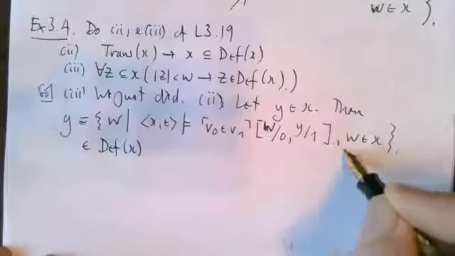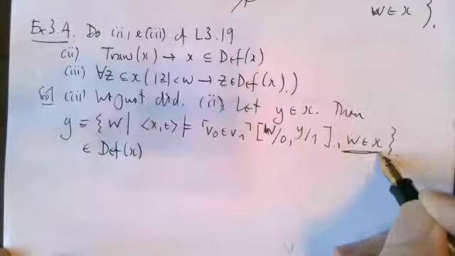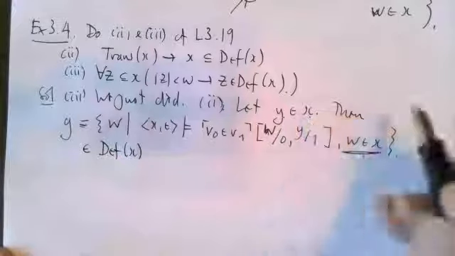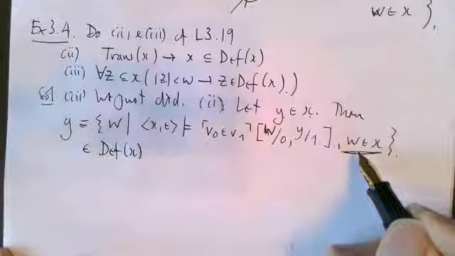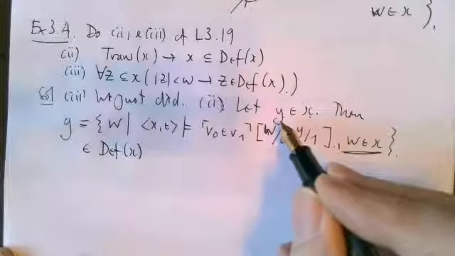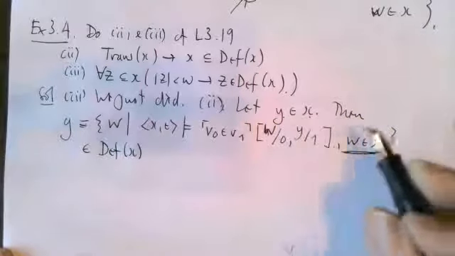And because we specified that X was transitive, this works. Because if Y is a member of X and X is transitive, Y is a subset of X. So all the elements of Y that we're concerned about are there in X because X is transitive.